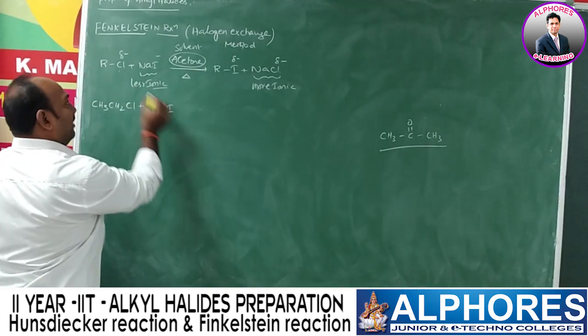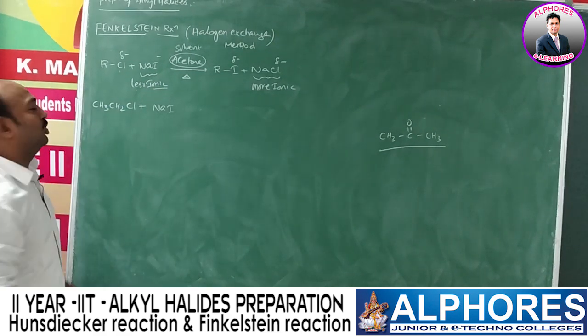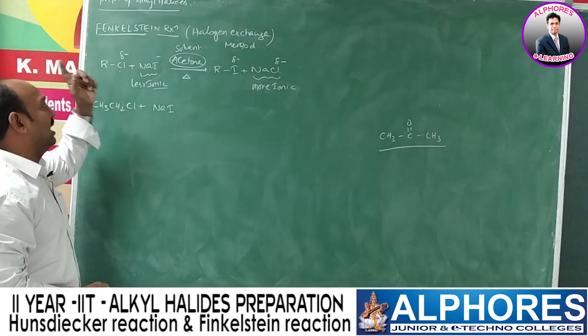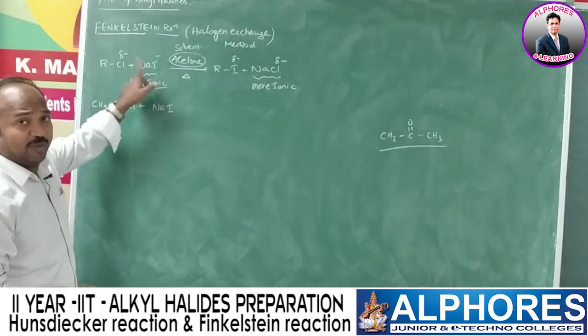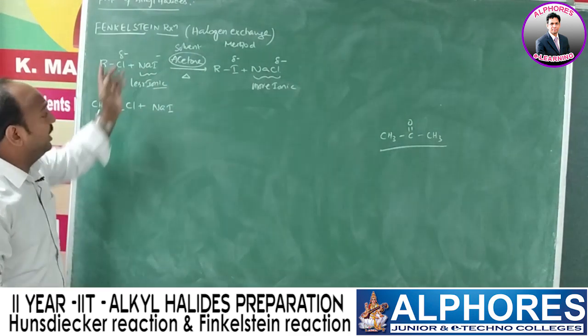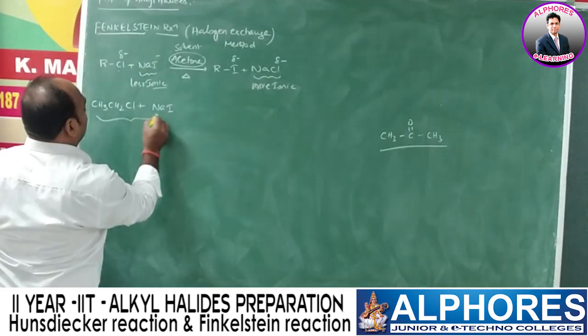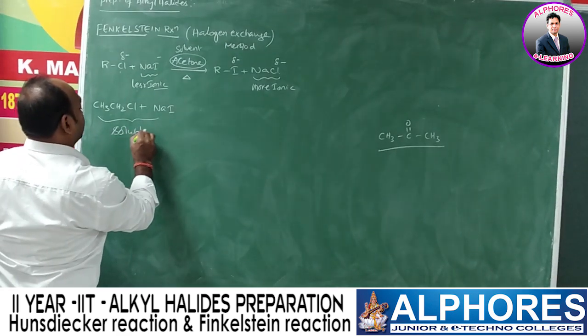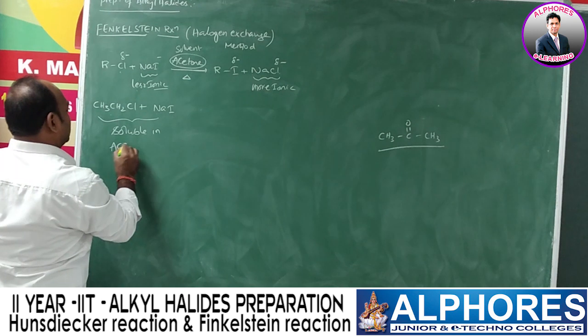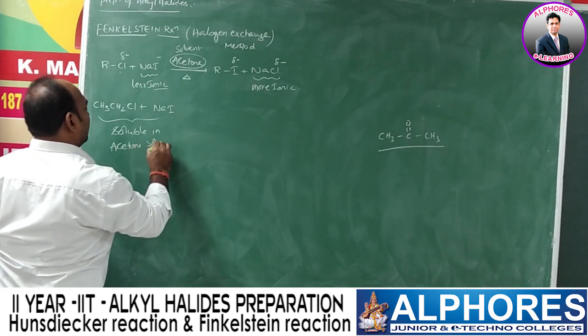NaI, which is less ionic, also dissolves. So both the reactants, alkyl halide and sodium iodide, are soluble in acetone solvent.